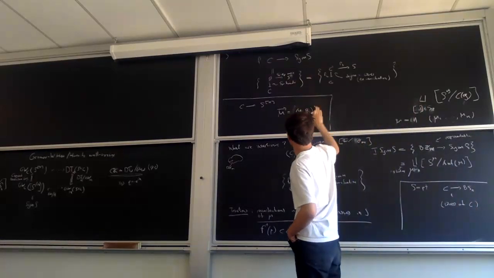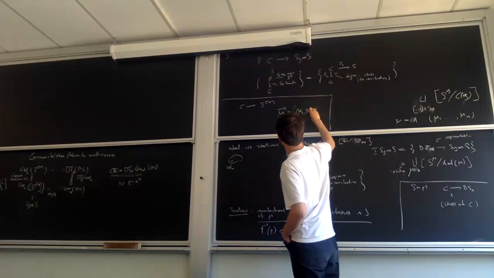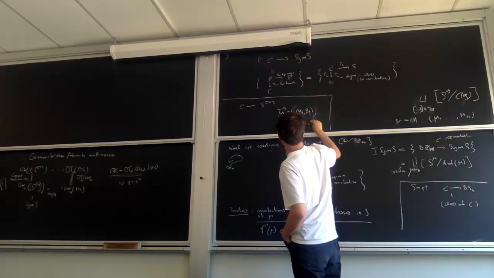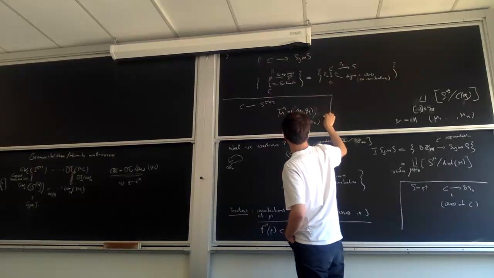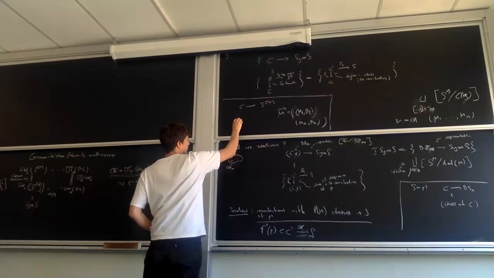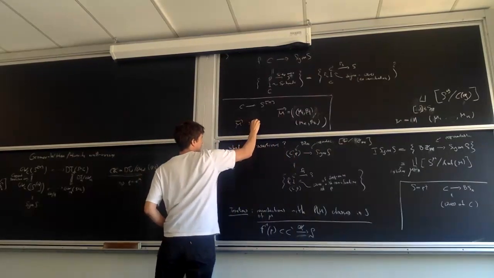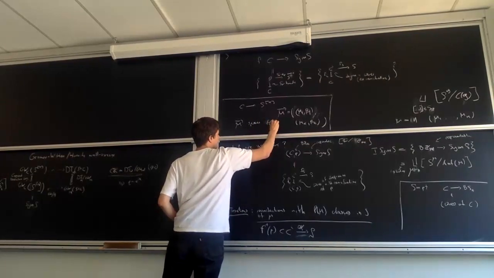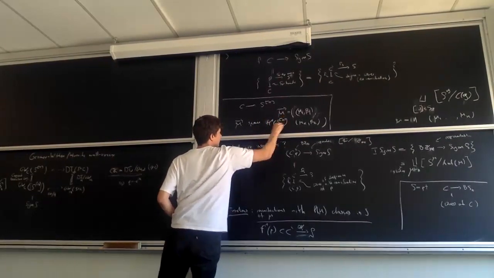So let me write more of this. It's mu1, beta1. These betas are classes in S? Yeah. And so by Nakajima operators, these guys span the cohomology of Sn.